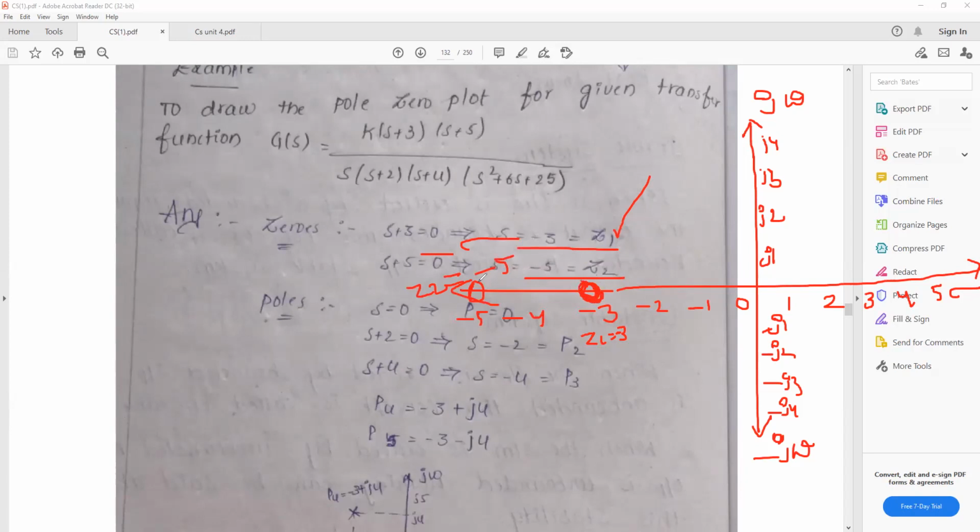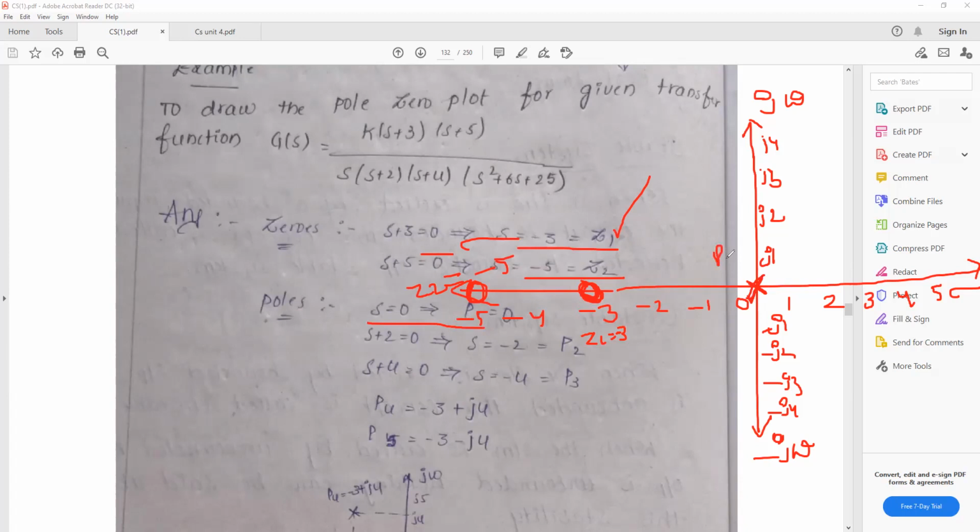Next, the poles. The first pole is at 0, so draw a cross symbol at 0. This is the cross symbol.